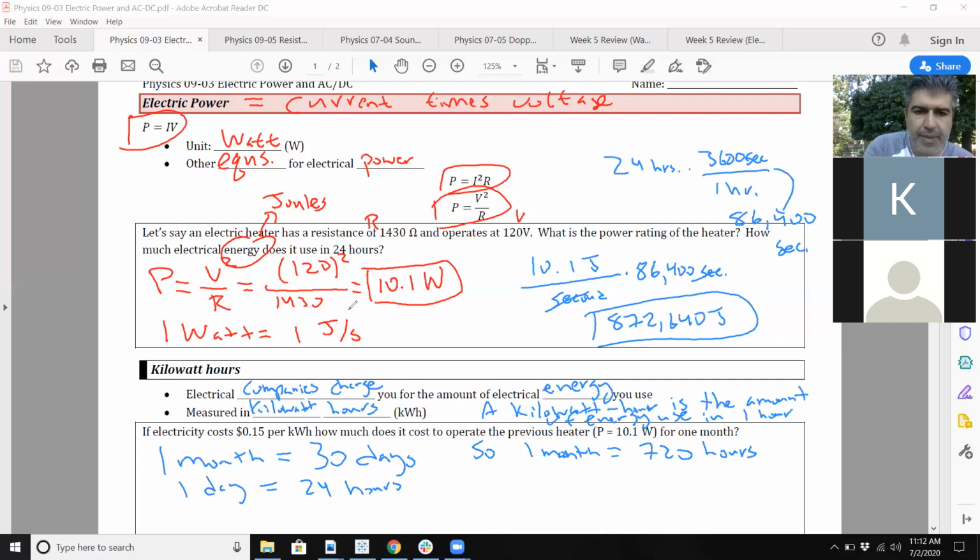So we know that the heater's power rating is 10.1 watts from the previous problem, or 0.0101 kilowatts.